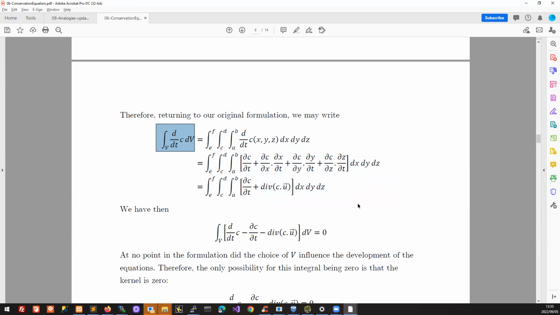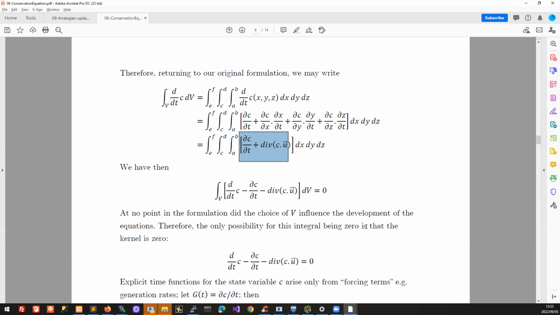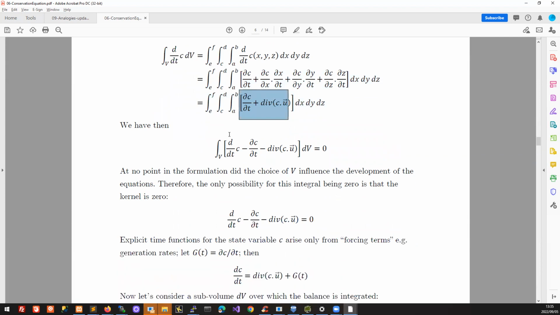So it's d/dt of c minus the divergence of cu. So that's the formula that we have now.